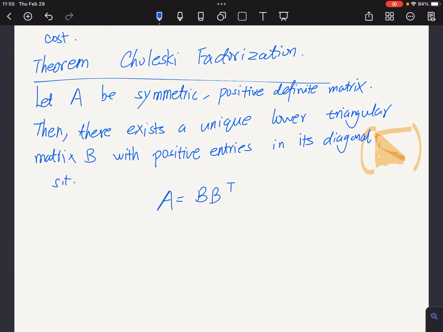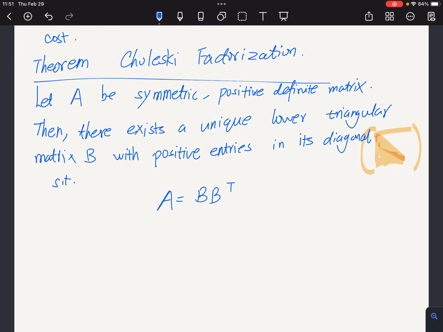So which means that we have positive entries here on the diagonal, and they will not be negative. But you can have some negative things here below the diagonal. But here, they are all zeros.